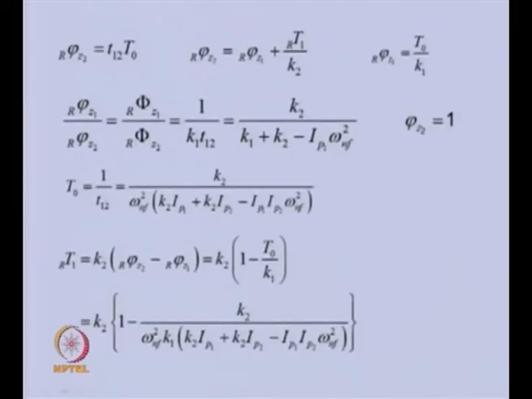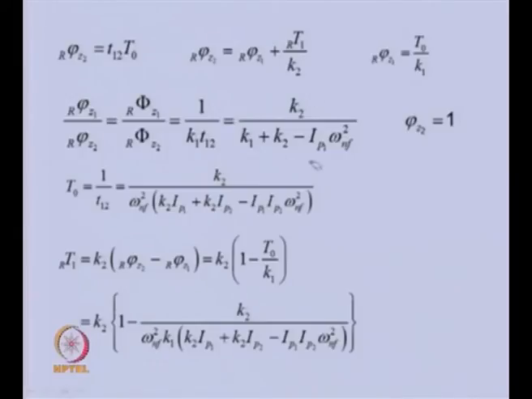So we can see that we are relating the field variable at station 1. Once we know this, we can get the field variable here, and we can even take the ratio of these two. So this is the ratio.